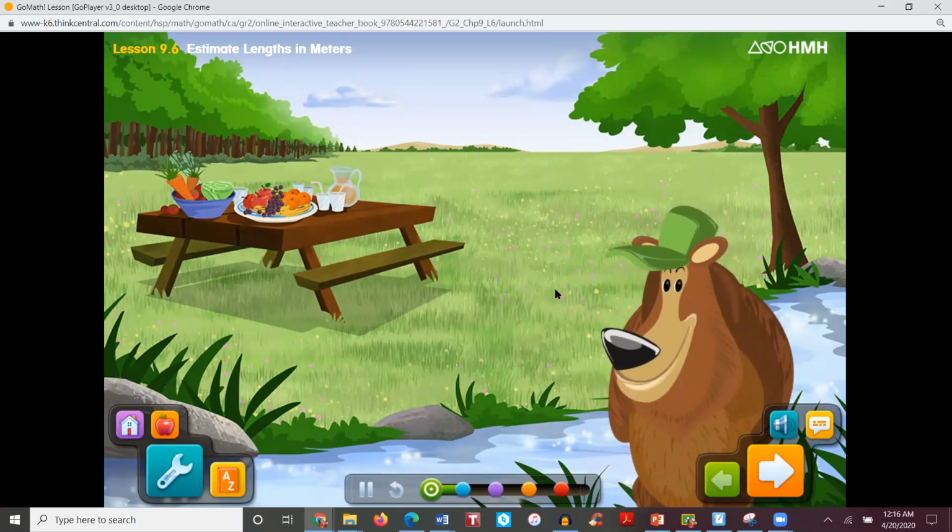He wanted to know if the table would be long enough to fit all of his friends. I think we can estimate the length of the table. We could use centimeters, but the table is pretty long, so measuring in centimeters might not be the best idea. Maybe we could estimate the length of the table in meters. Come on, let's learn more.